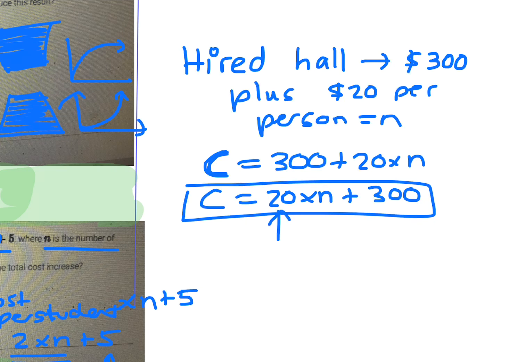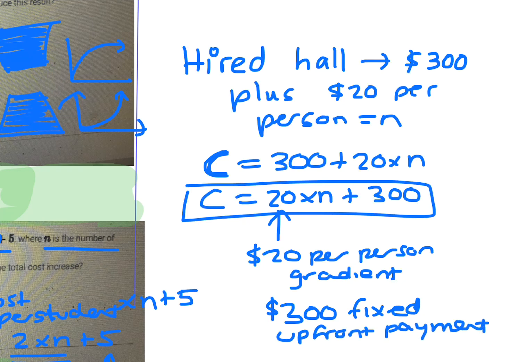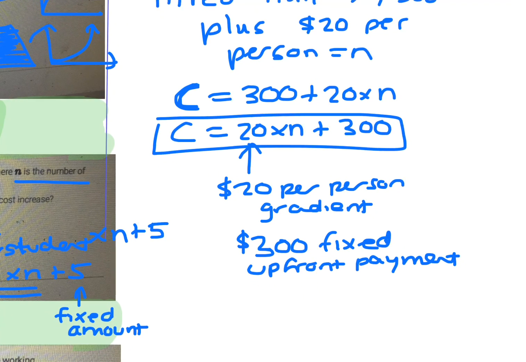The $20 is the rate per person. That represents the gradient. And the $300, that's the fixed upfront payment. That amount will represent the amount that you pay even if no person steps on the bus, okay?